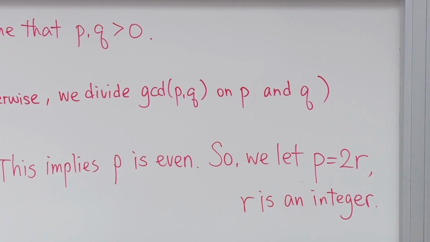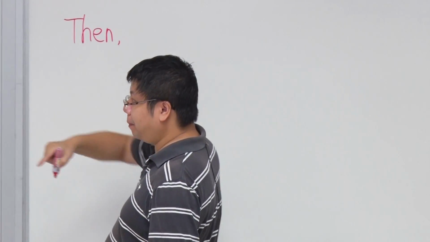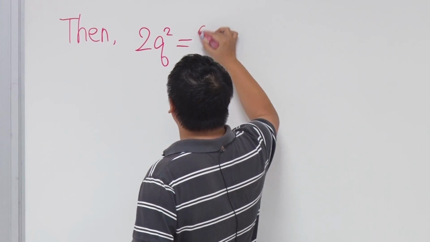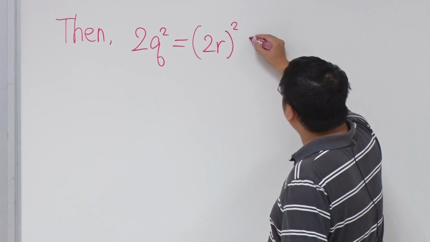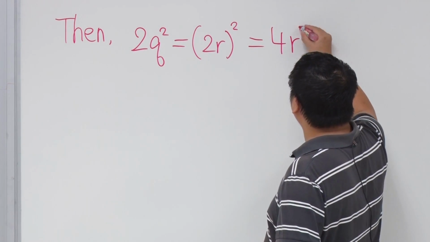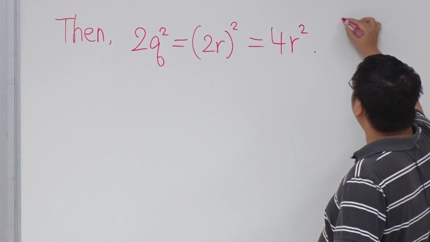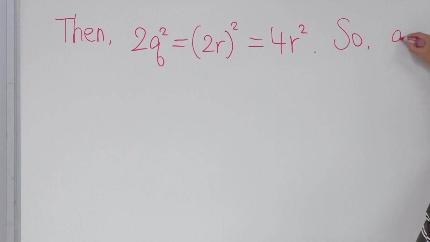Then what do we have? We can plug that back in. So we will have 2q squared is equal to (2r) squared, so it is equal to 4r squared. Okay. So 2q squared is equal to 4r squared. So q squared is equal to 2r squared.